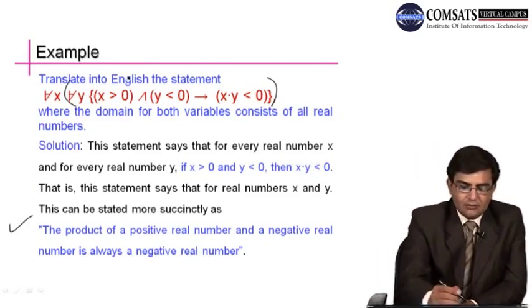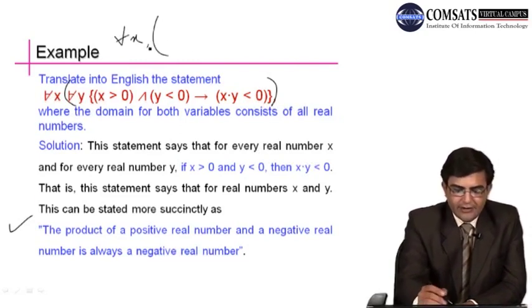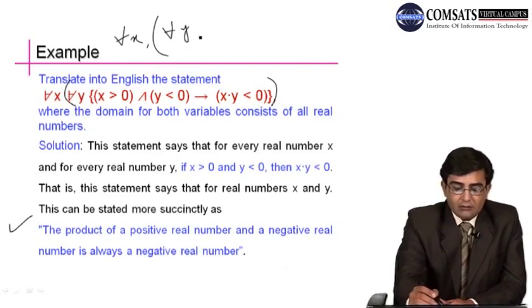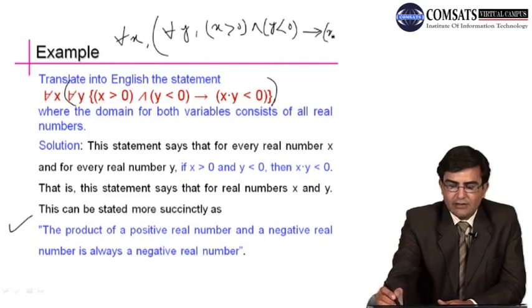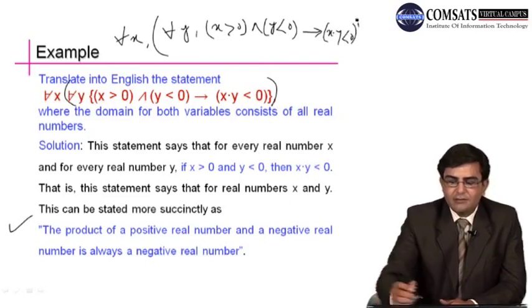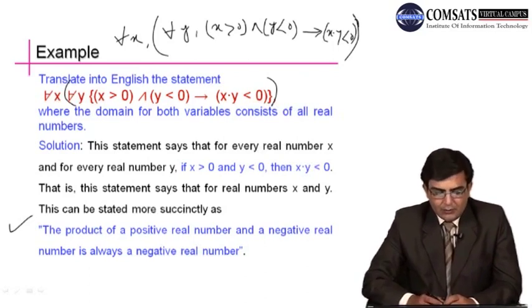You can also write it as for all x, for all y, x greater than 0 and y less than 0 implies x dot y is less than 0. What does it mean? It means the product of every positive real number and a negative real number is always a negative real number.